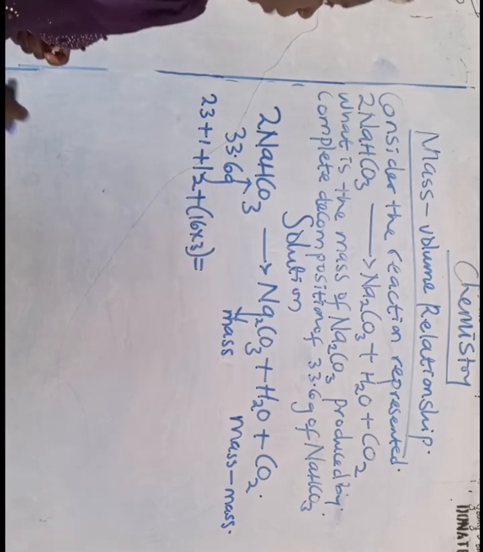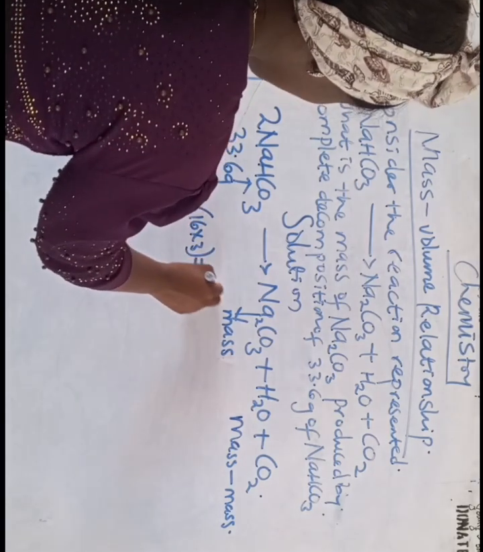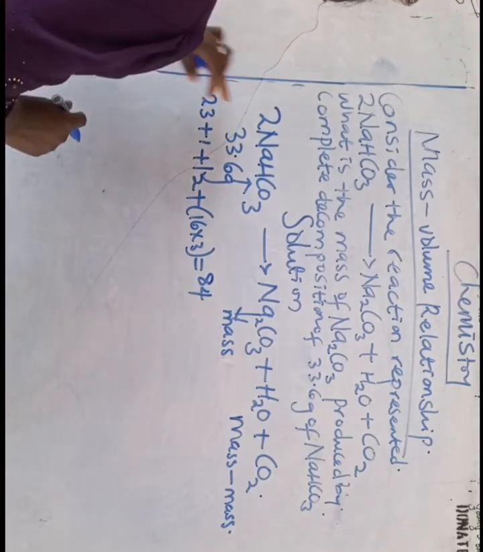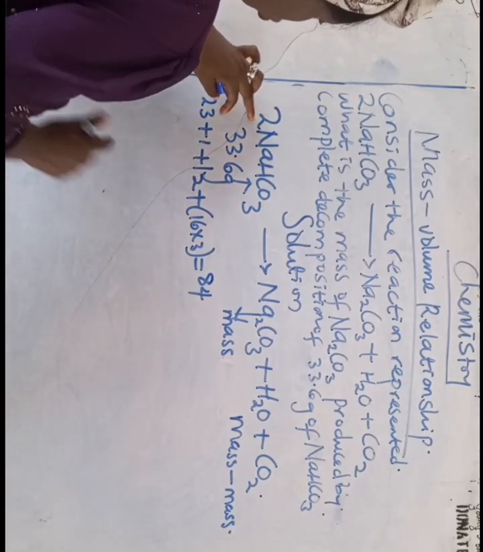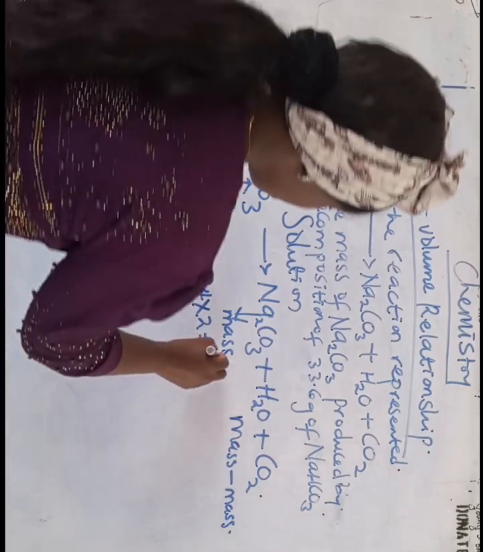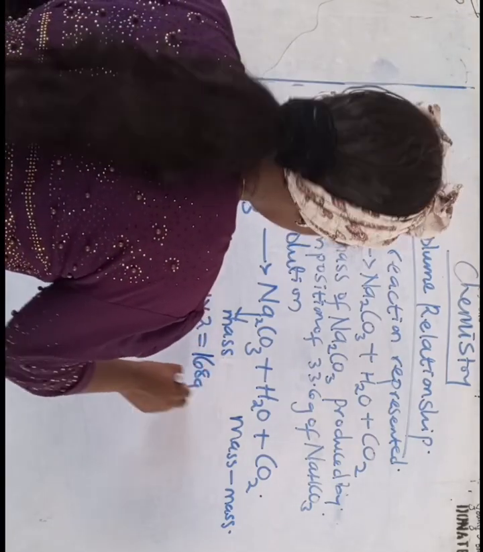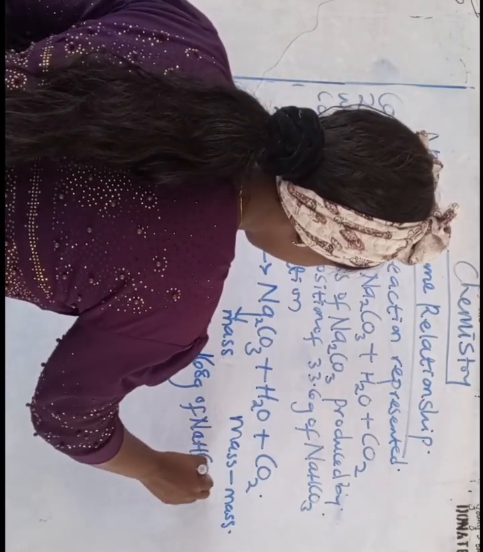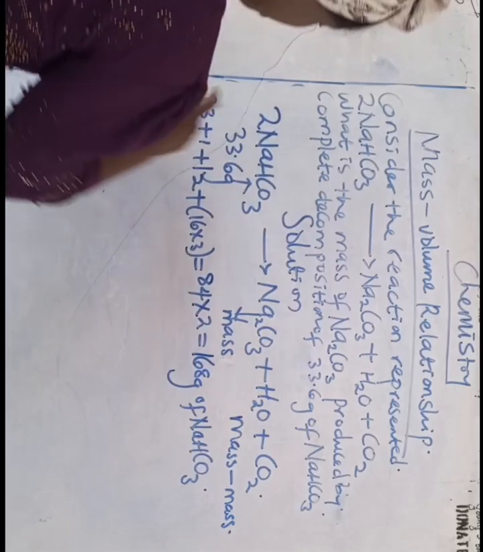So here I'm expected to have 84. Then how many moles did we have? 2. 2 times 84, so I'm expected to have 168 grams of NaHCO3 that reacted in the background reaction.